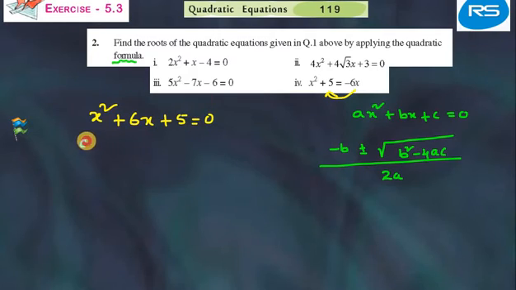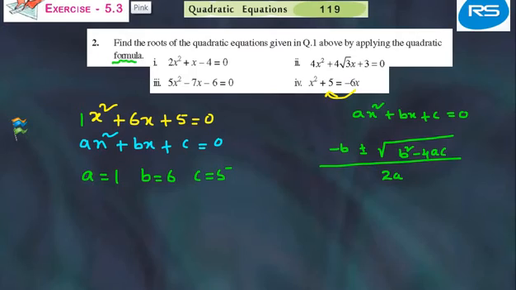So compare with ax square plus bx plus c is equal to 0. Then you are getting a value as 1. So x square coefficient here you do not have, that is nothing but obviously by default it is 1. So b value is 6. Next c value is 5.